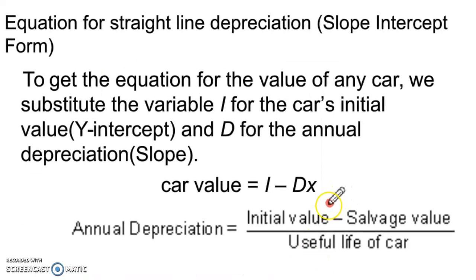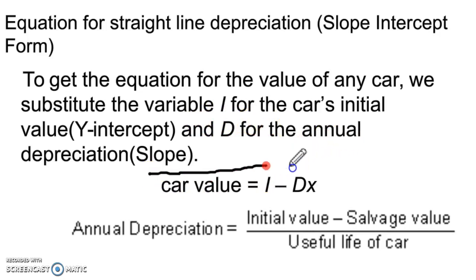All right, so since it is a linear type of decline, we can use linear equations to model it. And remember the one we use a lot, the slope-intercept form is used to model any linear lines. So we're going to use that to help us today. So to get the equation of the value of our car, we can substitute the variable I for our initial value.